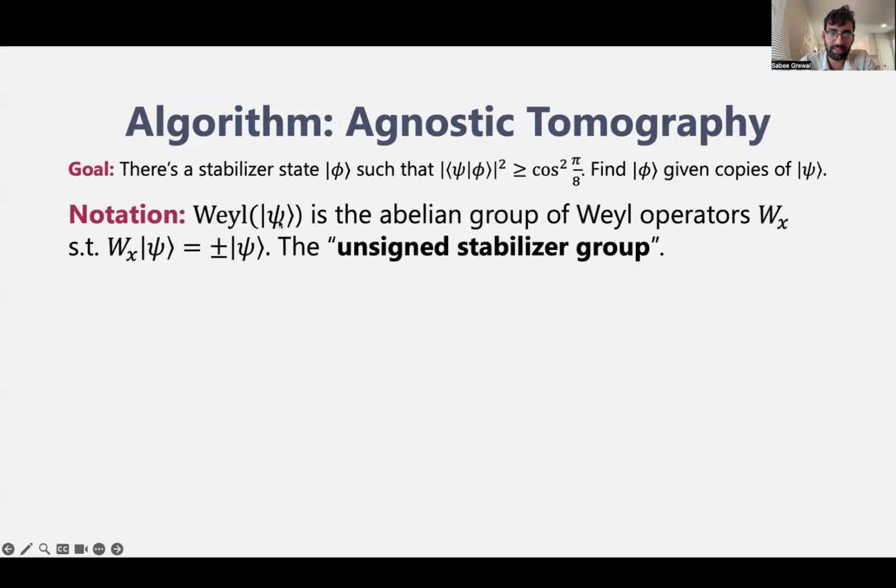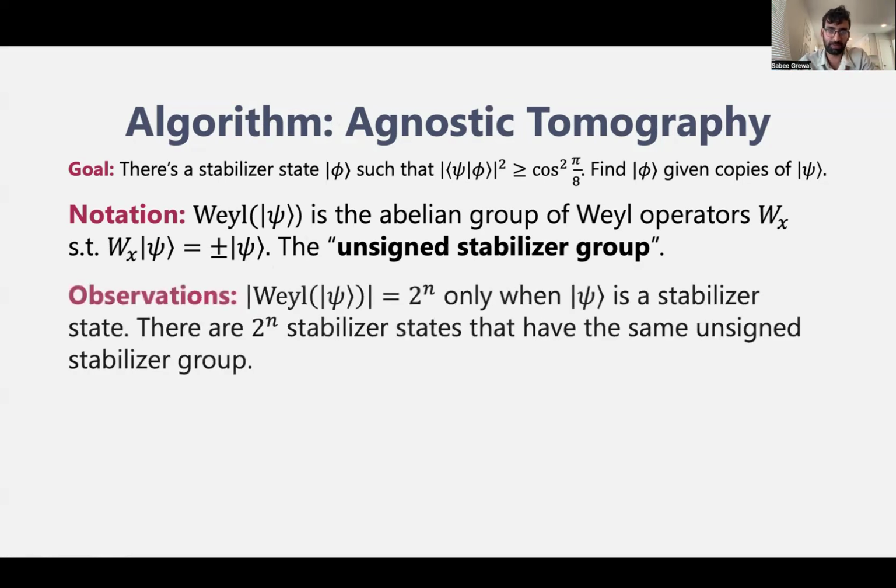So let Weil psi be the abelian group of Weil operators that stabilize psi up to a sign. So psi is like a plus or minus one eigenvector of the Weil operator. And we call this the unsigned stabilizer group. So for most states, this will actually just be the identity operator.